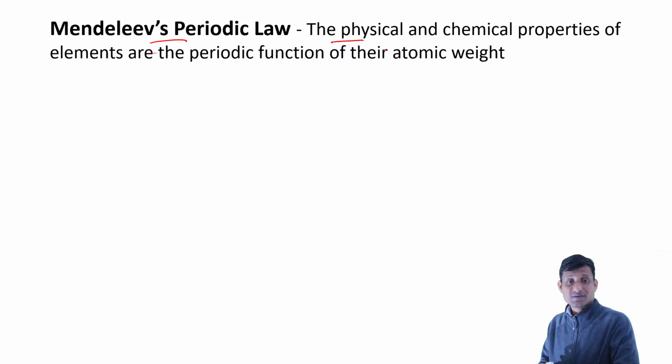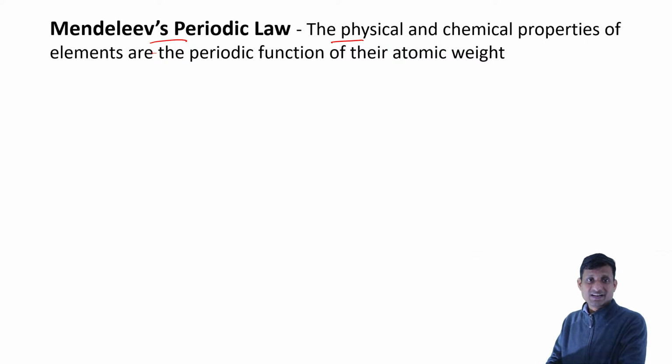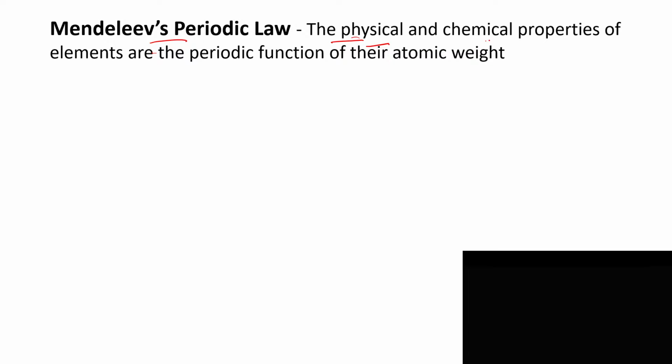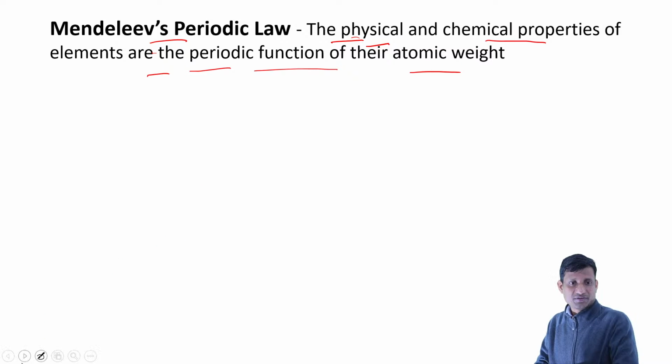Their intention was very similar, but Mendeleev was a little more advanced. Along with the physical properties, he also measured the chemical properties of the elements, and he tried to arrange everything based on their atomic weight. And here are a few things.